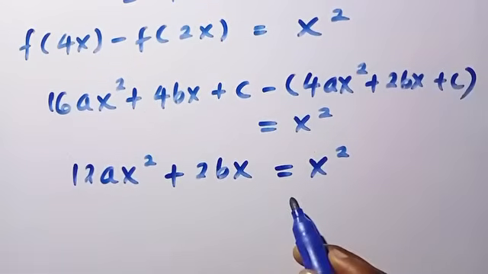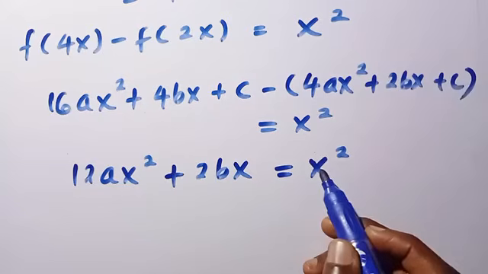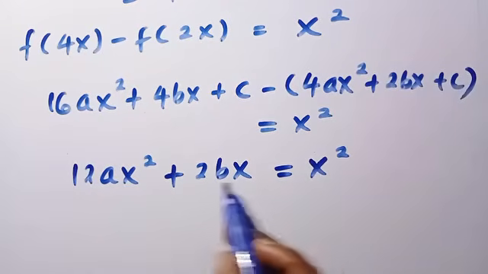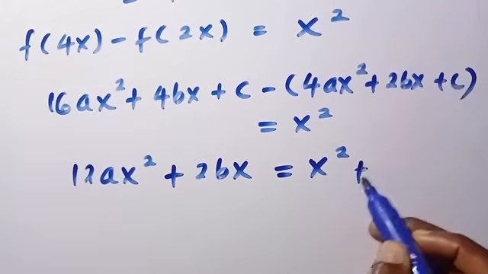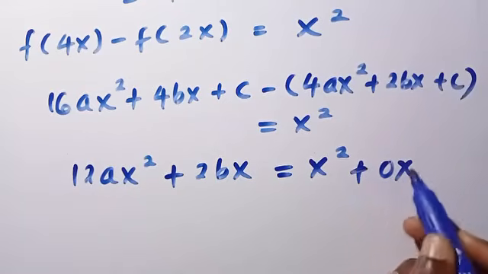Then we have to do the comparisons. Here we have x squared, and this is also x squared. By comparing, we look at what is here. This is just like having 0x, so 0 multiplied by x is 0.